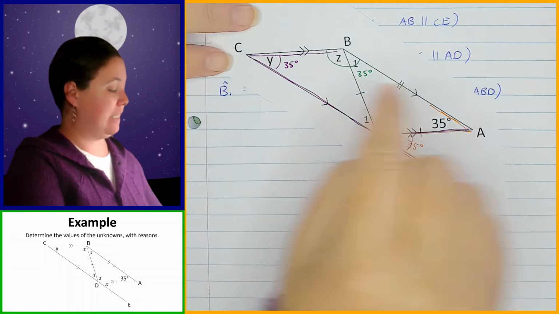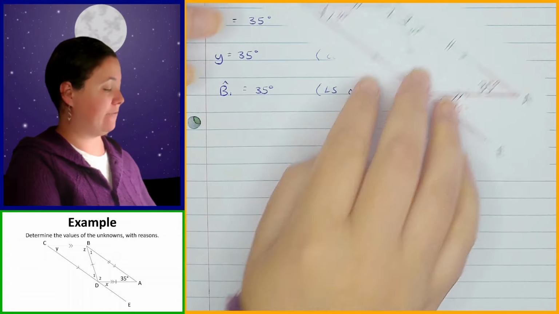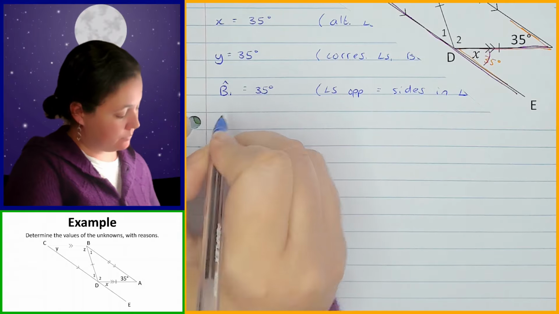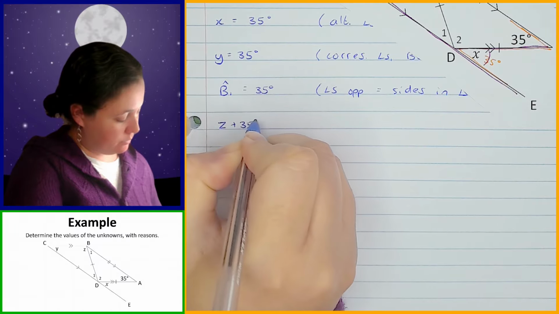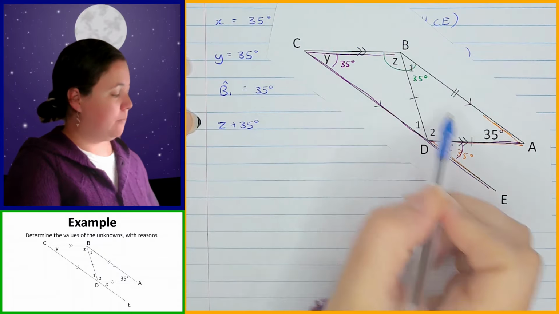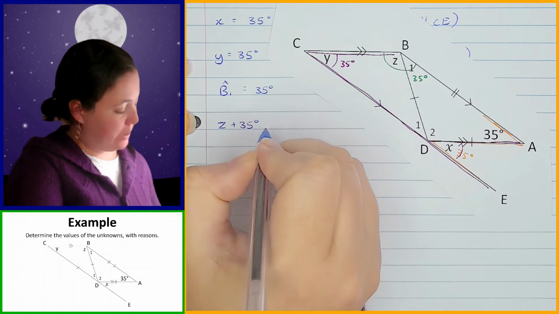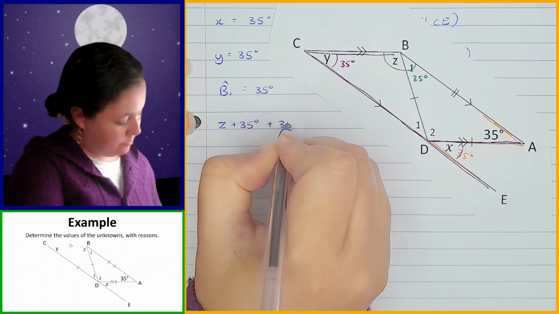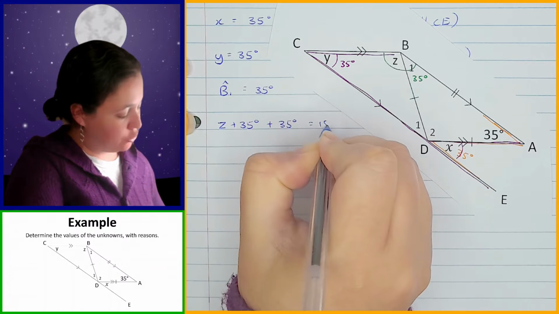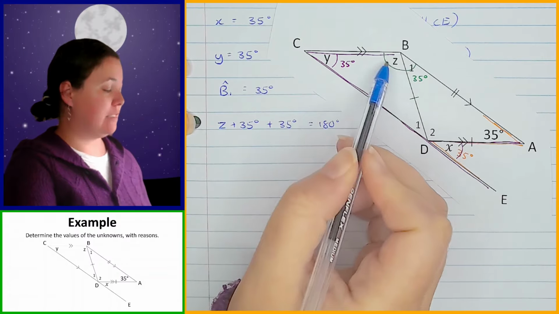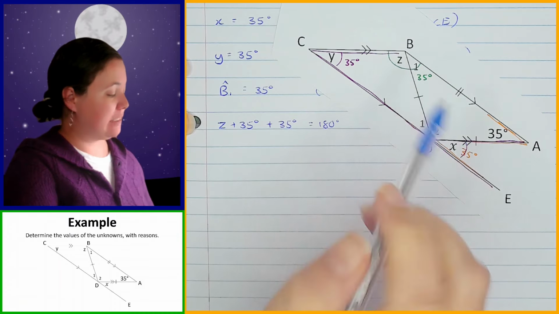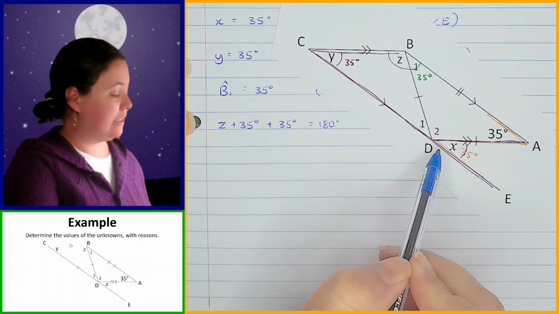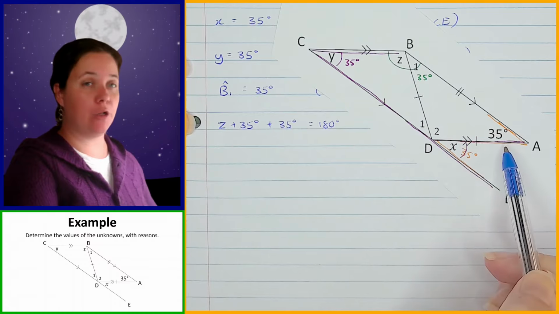So now I can say that Z plus 35 degrees plus this 35 degrees over here must equal 180 degrees. Doesn't matter which one it is because both of these sets of lines are parallel to each other.